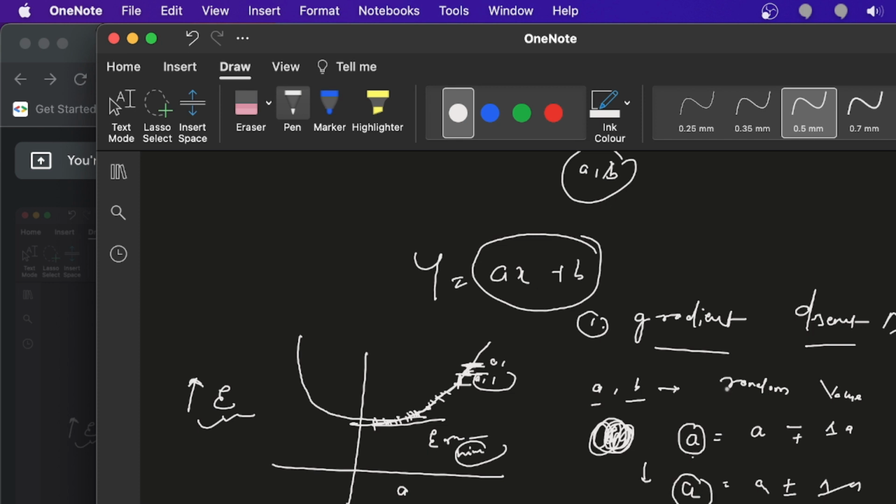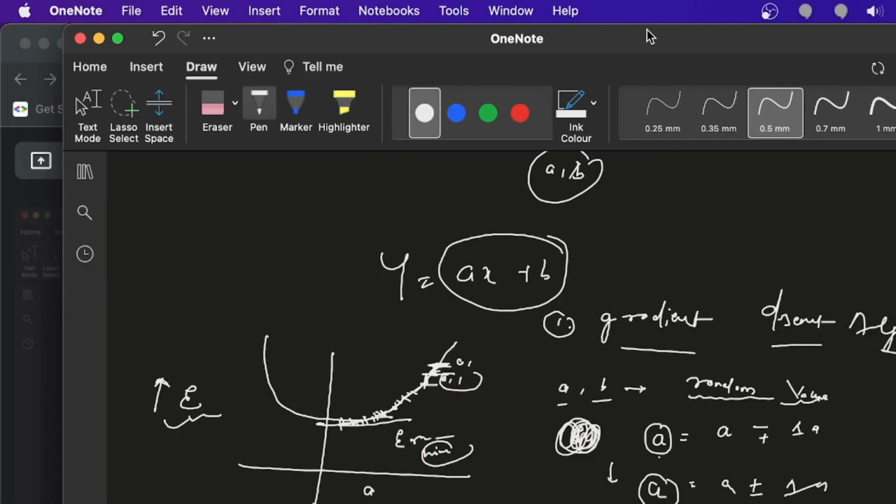Means from a random value you will get some value of A, maybe B also, where your error is very less or minimum, and at that time you will get the final value of A and B, and your equation is completed.